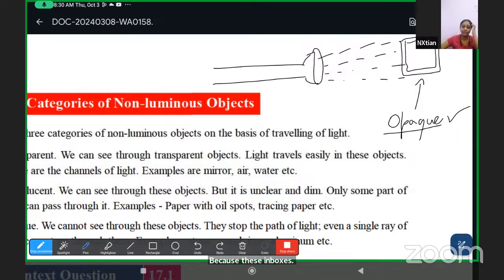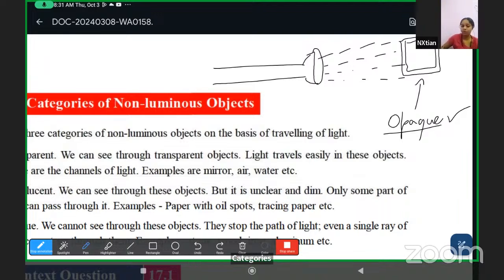Light does not travel through opaque objects. It will work as a barrier for the light to pass through. Light will not travel through the opaque objects to the other side. All right. So these three categories we studied: transparent, translucent, and opaque, and how light travels.